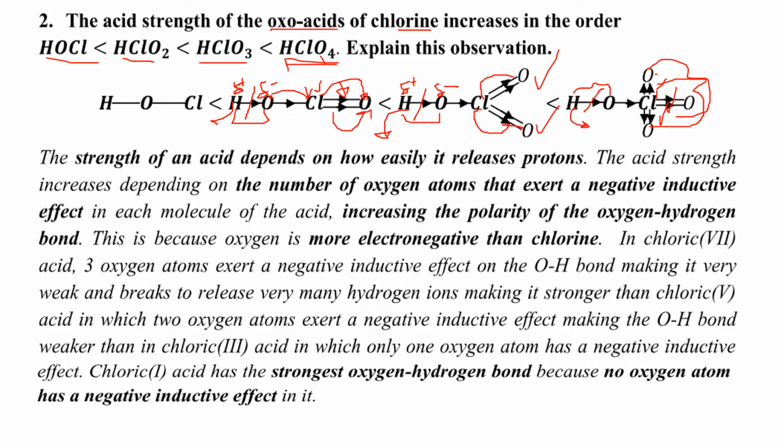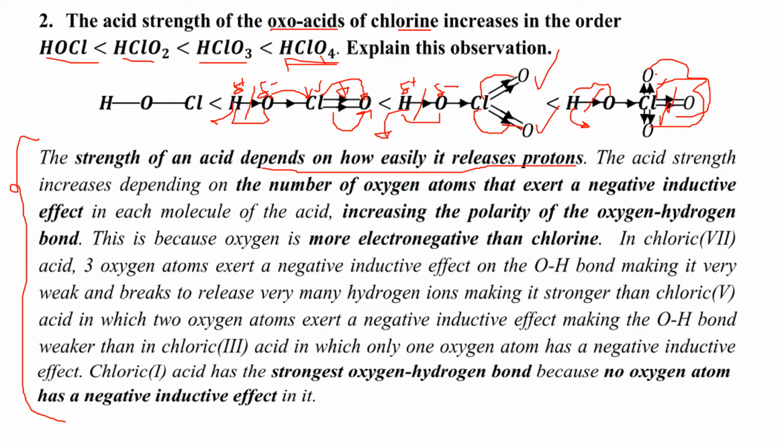So the ease by which protons are going to be released in solution is going to increase with an increase in the number of oxygen atoms, since they increase what we call the negative inductive effect. And therefore, let's come up with a detailed explanation, going through what I summarized. You're saying that the strength of an acid depends on how easily it releases protons in solution.